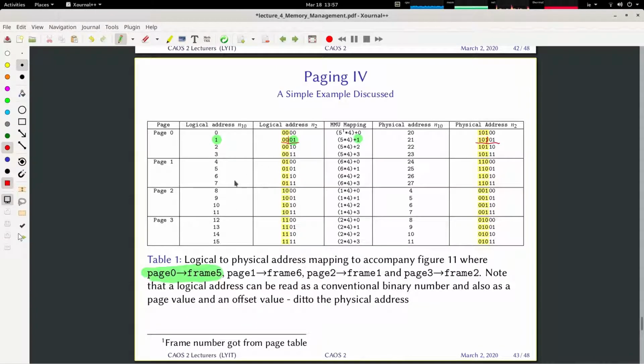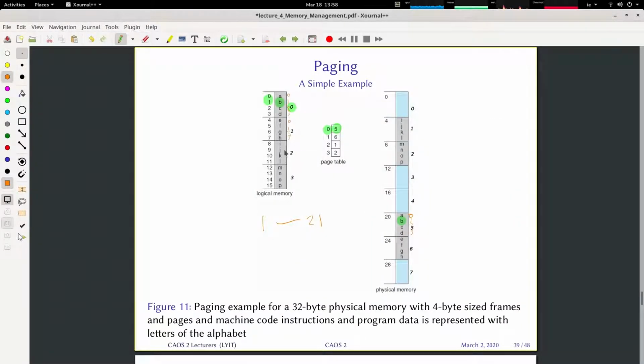Okay, let's try a slightly different one. I'll just tidy up the diagram, and we'll do a different logical address, one which is in a different page. So I'll highlight the logical address 5, and if I go back to my diagram, you'll see that logical address 5 is stored in page 1.